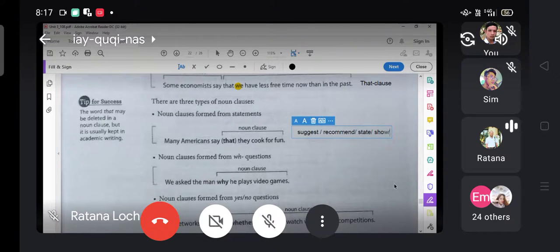Or you recommend that the restaurant is very good. You recommend that the food is delicious, for example. You can use that.